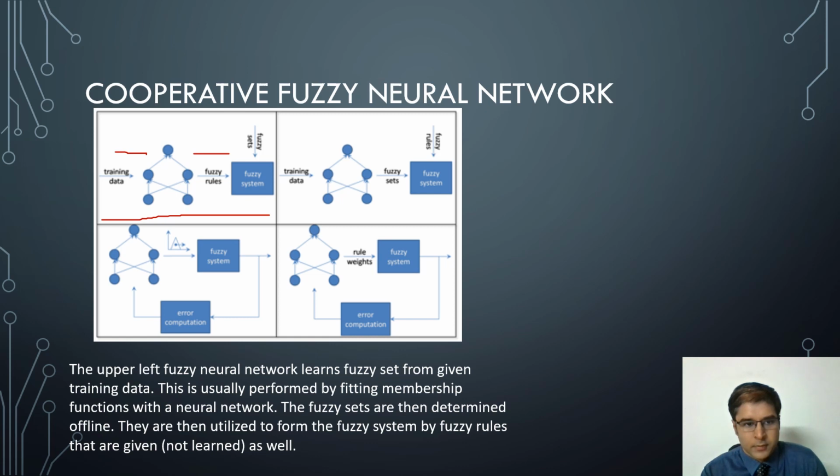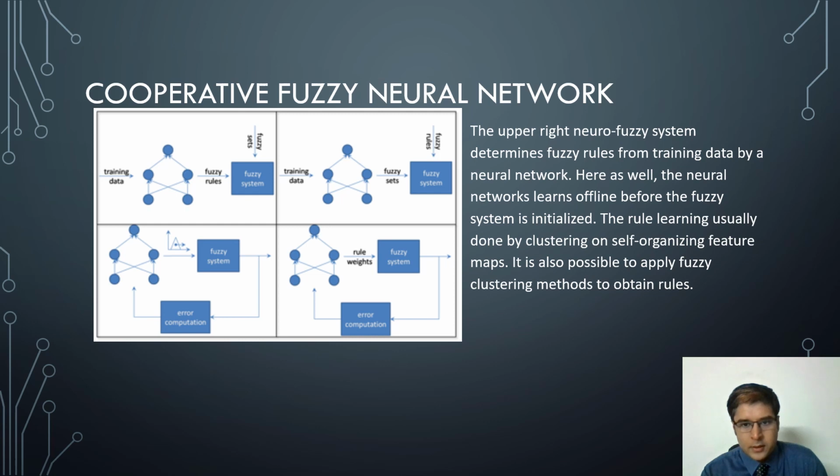Membership functions are applied to this neural net to output the fuzzy sets. The fuzzy sets are then determined offline. They are then utilized to form the fuzzy system by fuzzy rules that are given and which are not learned as well. So offline, this fuzzy system learns the fuzzy sets or rules and gives the output.